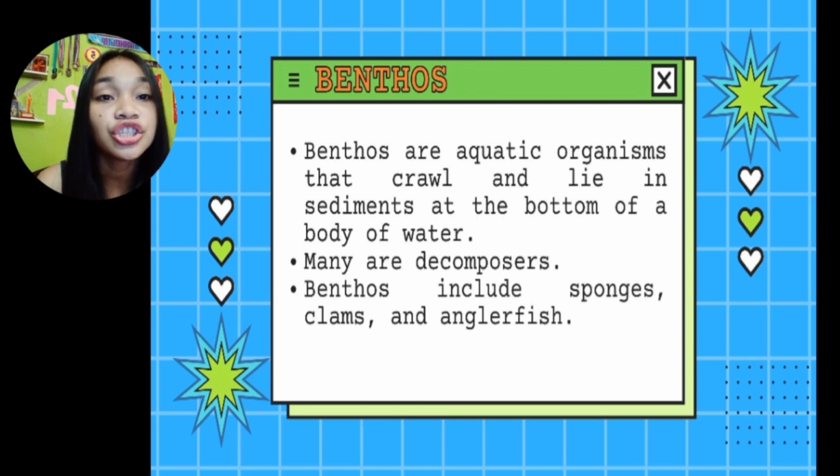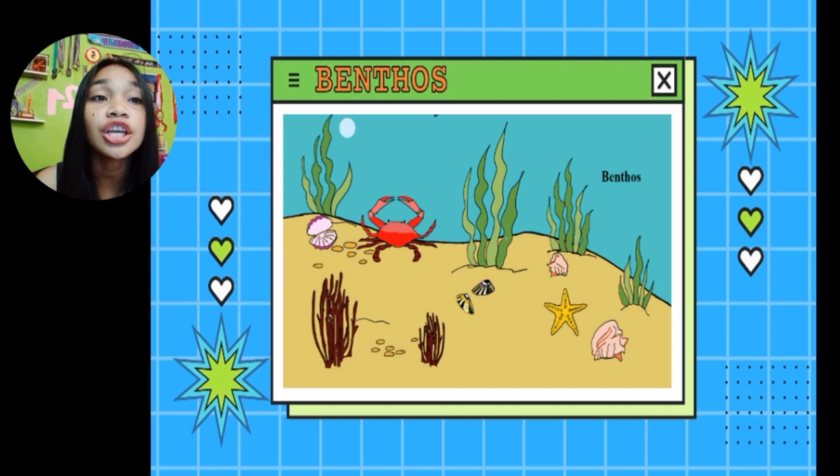Benthos include sponge, clams, and anglerfish. Sila yung makikita natin sa ilalim ng tubig like starfish, sponge, or shells, and kanila rin ang habitat na yon. Sila ang tinatawag na benthos.